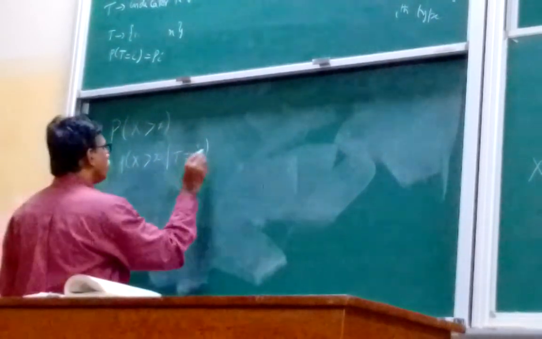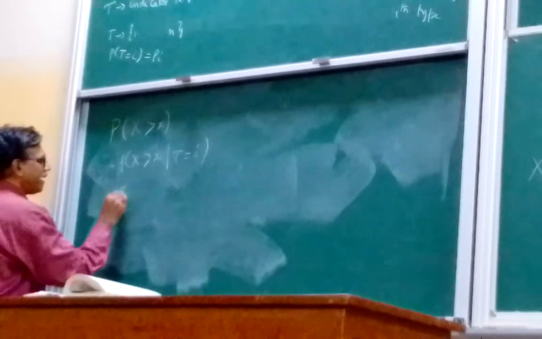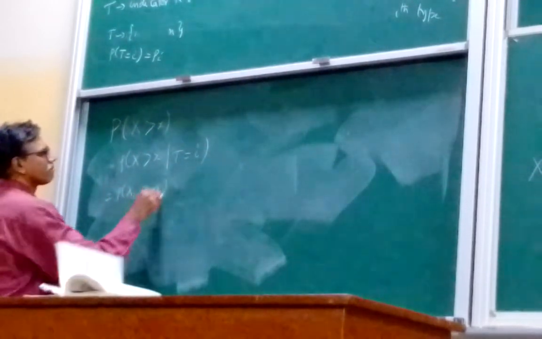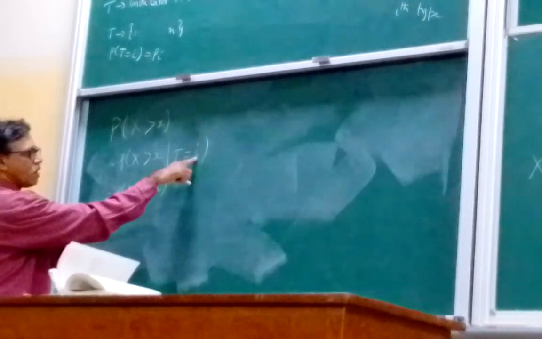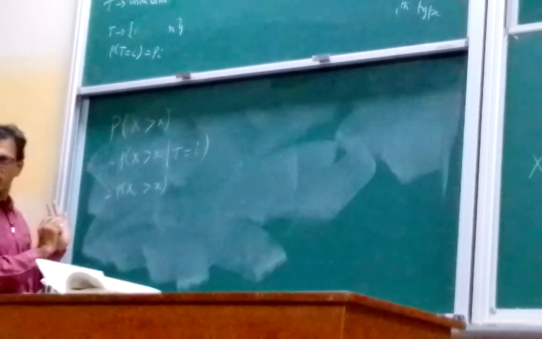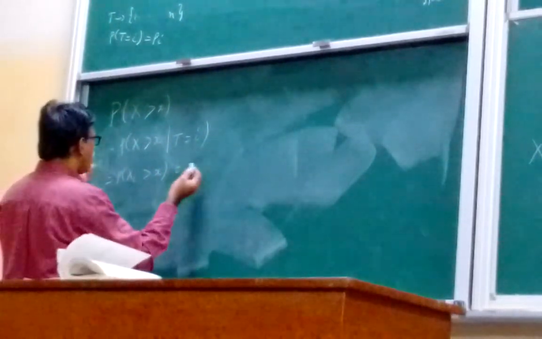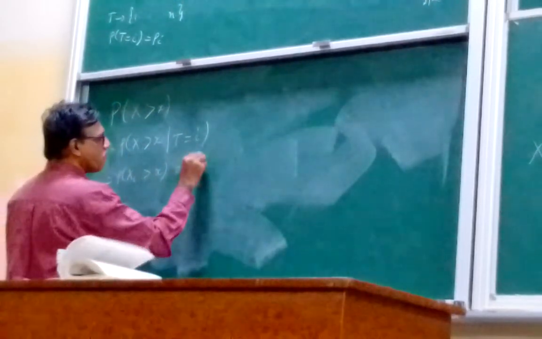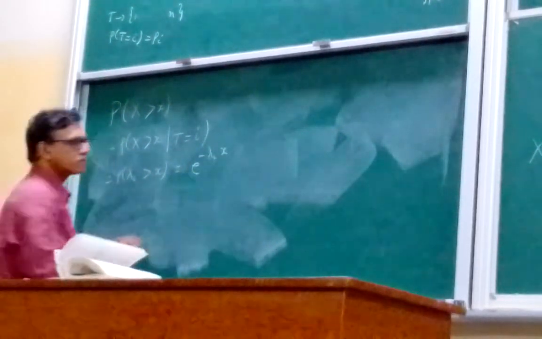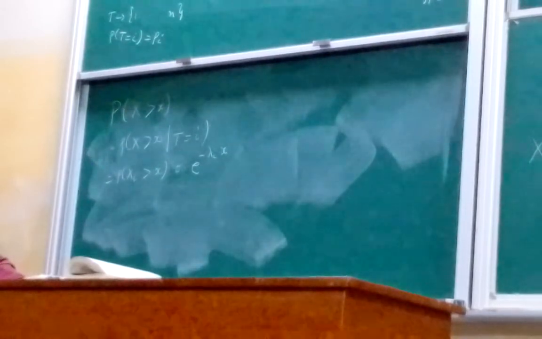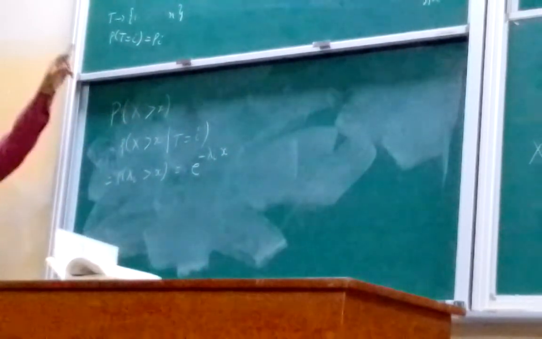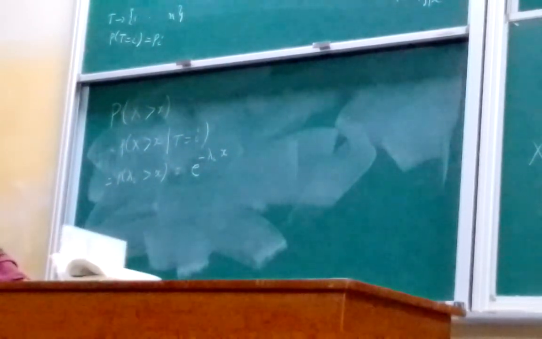Then this is equal to the probability that Xi is greater than x. Given T takes the value i, X becomes Xi, and that is nothing but e power of minus lambda i, because the ith component has a parameter lambda i.